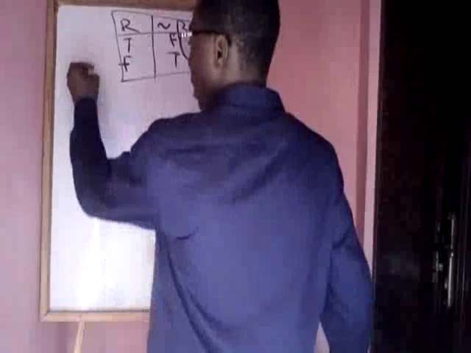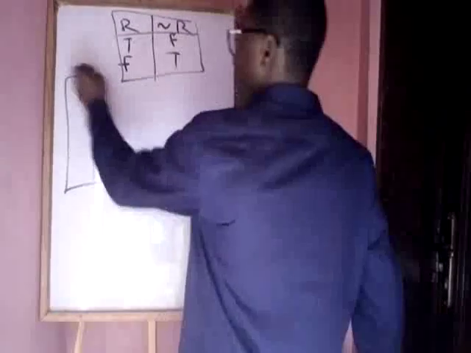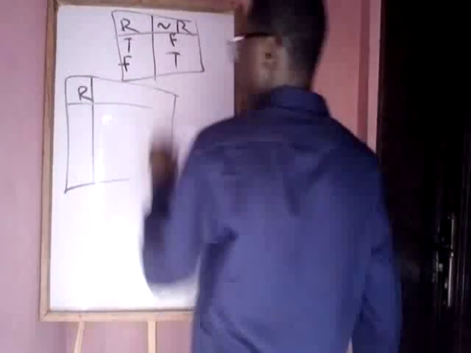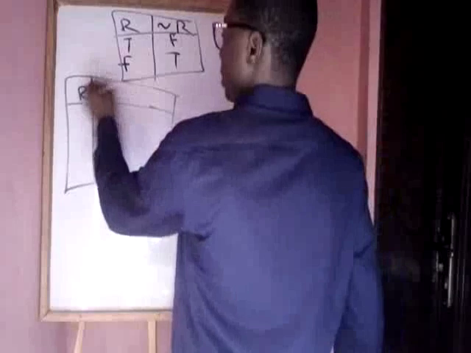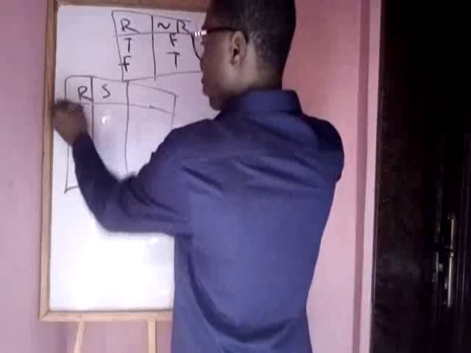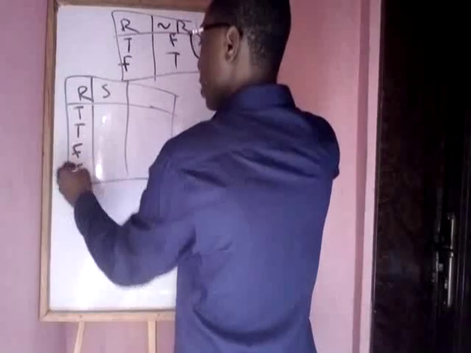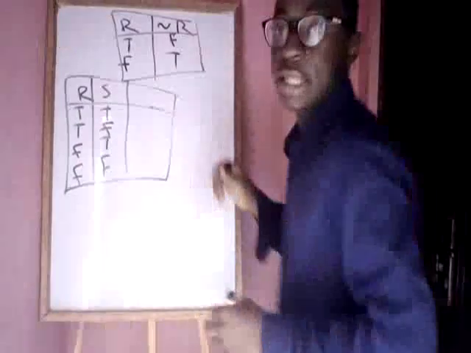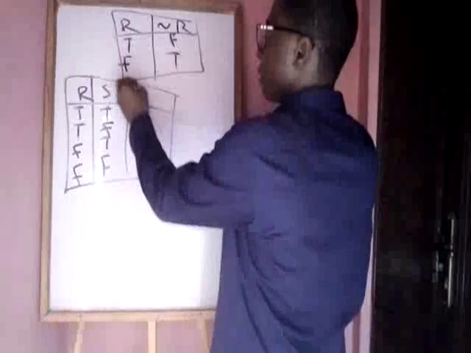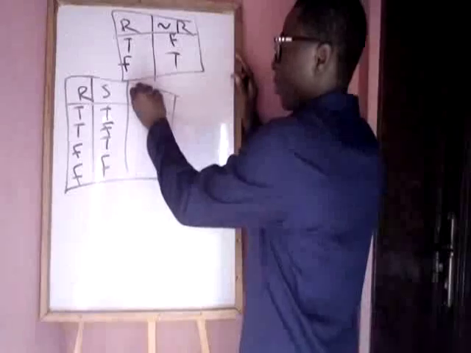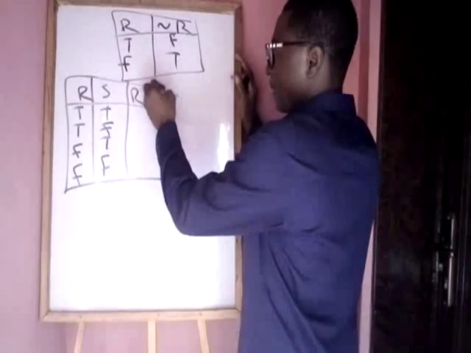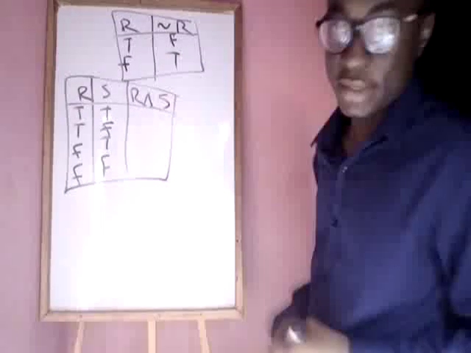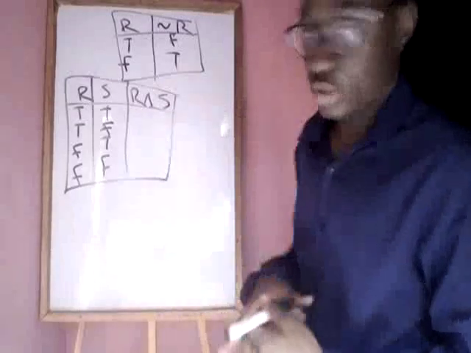So for example, if you have the statement R and the statement S, a combination of R and S. Now R is true, true, false, and false. Then S could be true, false, true, or false. So in this case, we have R and S, and that is denoted by an inverted V. R inverted V S. That is the symbol for conjunction.